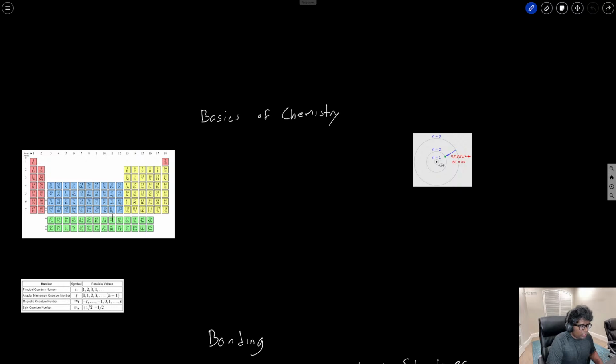I'll start off with atomic radius. We know that the trend is down and to the left. This is the only trend that goes that way. Actually, I think it'll be confusing if I do it like that. Let me put everything here. So down to the left is atomic radius.